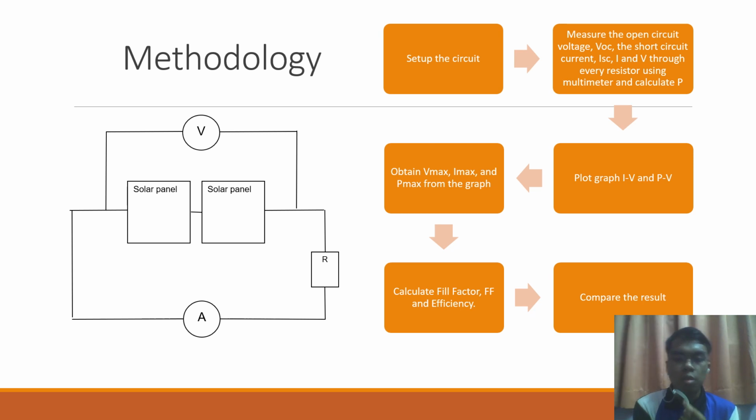After that, we plot the graph of IV and PV. From the graph of PV and IV, we can obtain Vmax, Imax, and Pmax, and then we can calculate the fill factor and the efficiency of the solar panel. Lastly, we can compare both solar panels.